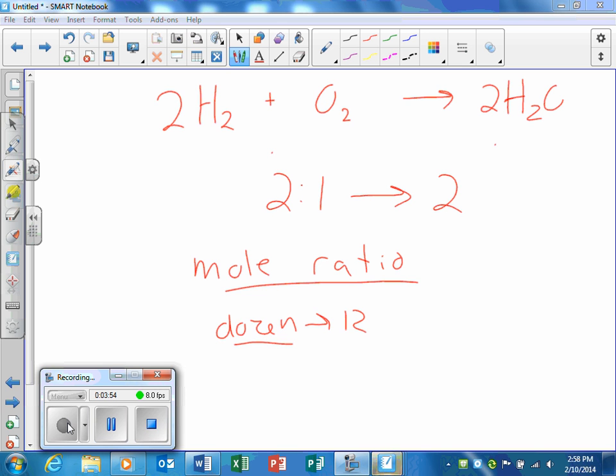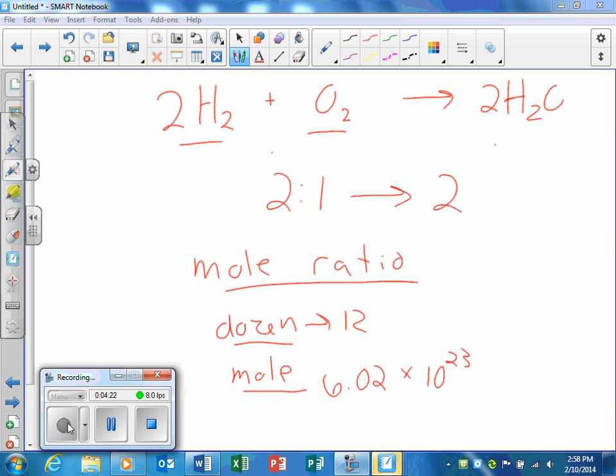12. A mole has 6.02 times 10 to the 23rd. Very good. That's a lot of pieces. Why do we need such a big number? Well, think of what we're working with here.